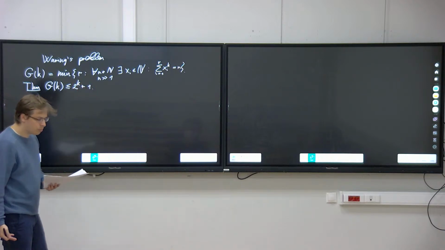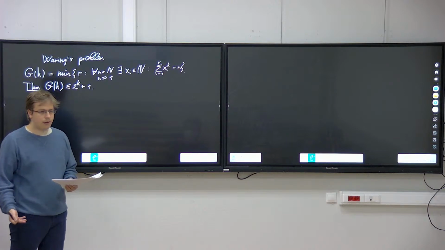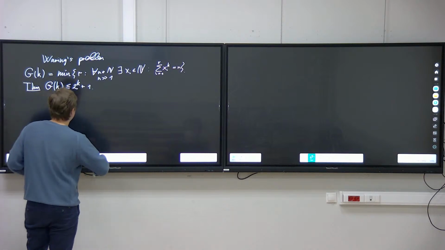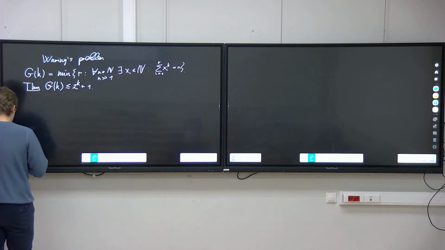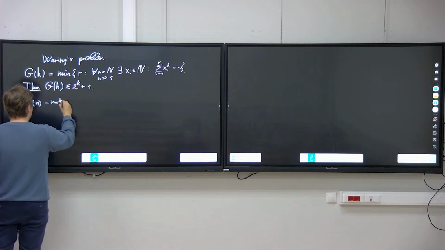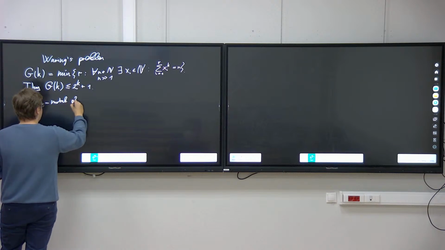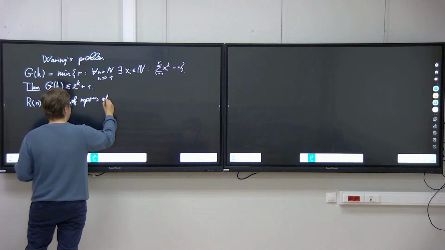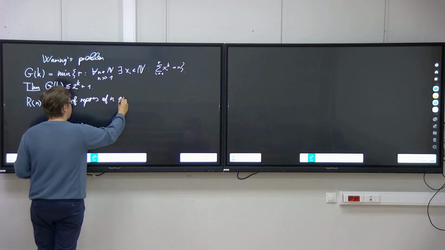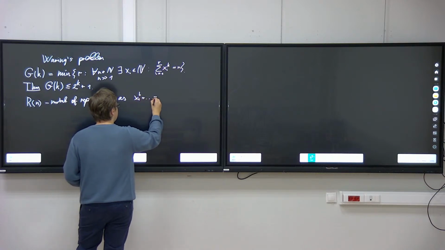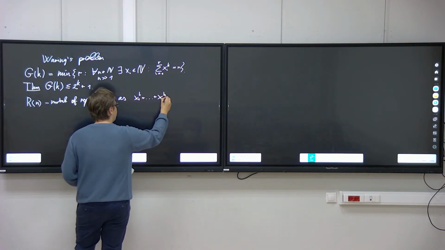And how do we want to prove it? We want to find an asymptotic expression for r of n, the number of representations of n as a sum x_1 to the power k plus ... plus x_s to the power k.